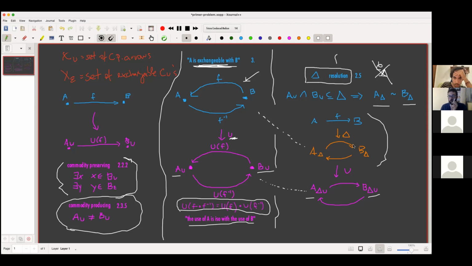They just need to be isomorphic within the commodity world. And we do have a way to say that with resolution. But then the additional statement is that under that resolution, their uses must also be isomorphic, because use is a functor and functors preserve isomorphism.